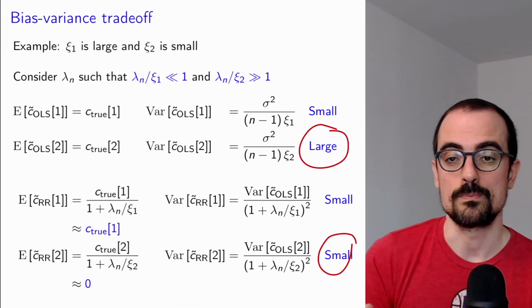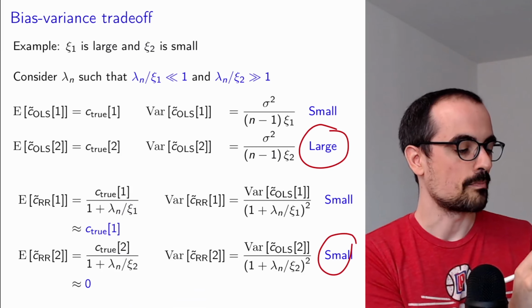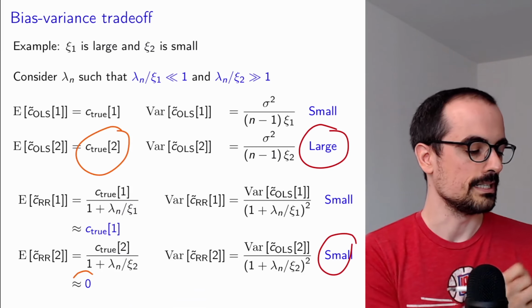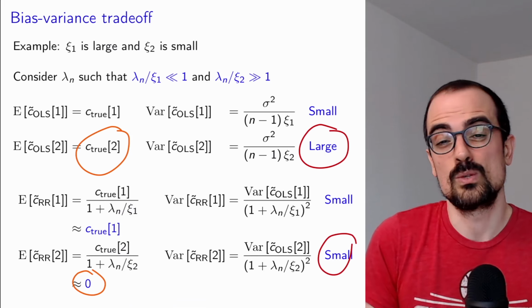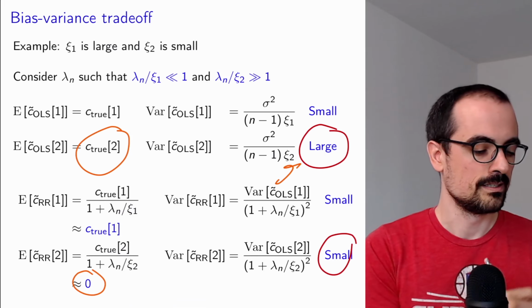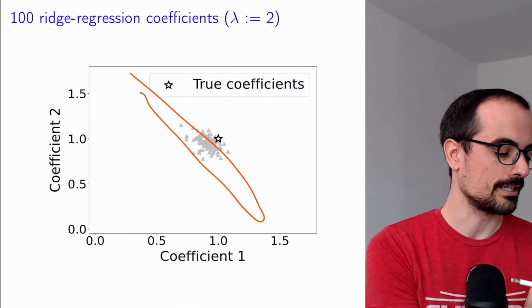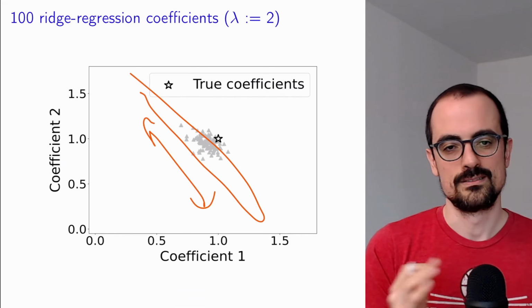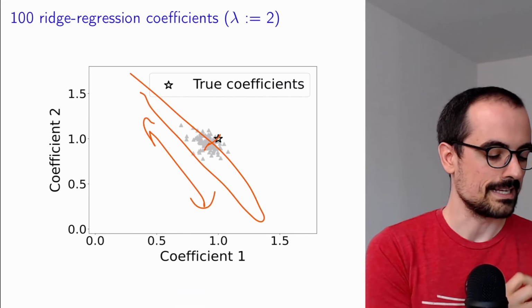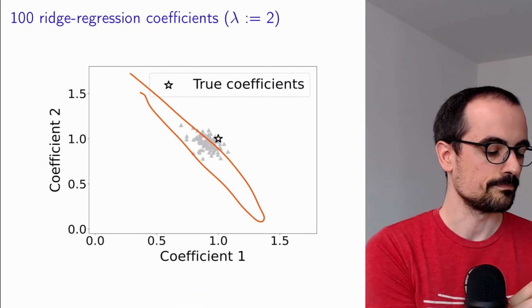We have to pay a price, because nothing is for free. Our price is that we have introduced this bias in that direction, but we really don't care because the estimate in that direction is bad anyways. Remember that the OLS estimator was something like this. So in this direction, we might as well introduce some bias in exchange for squashing the variance in that direction.